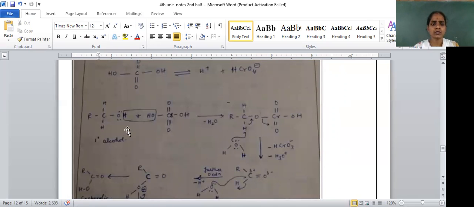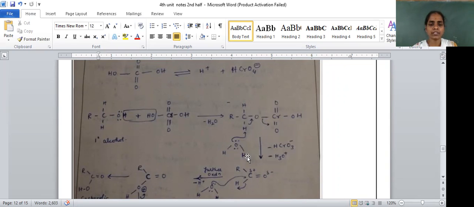Here OH minus and H from the primary alcohol are removed as a water molecule, forming RCH double bond O, and the chromate reacts here, which is removed as HCrO3 minus.